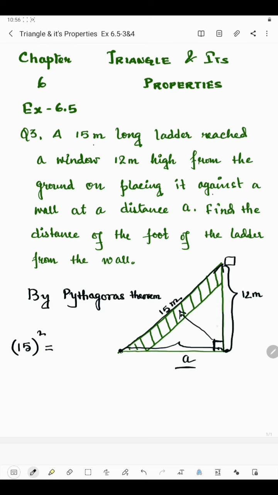So here the other two sides we'll have to take, so it's A square plus 12 square. Now 15 square means 15 into 15 is equals to A square plus 12 square means 12 into 12.